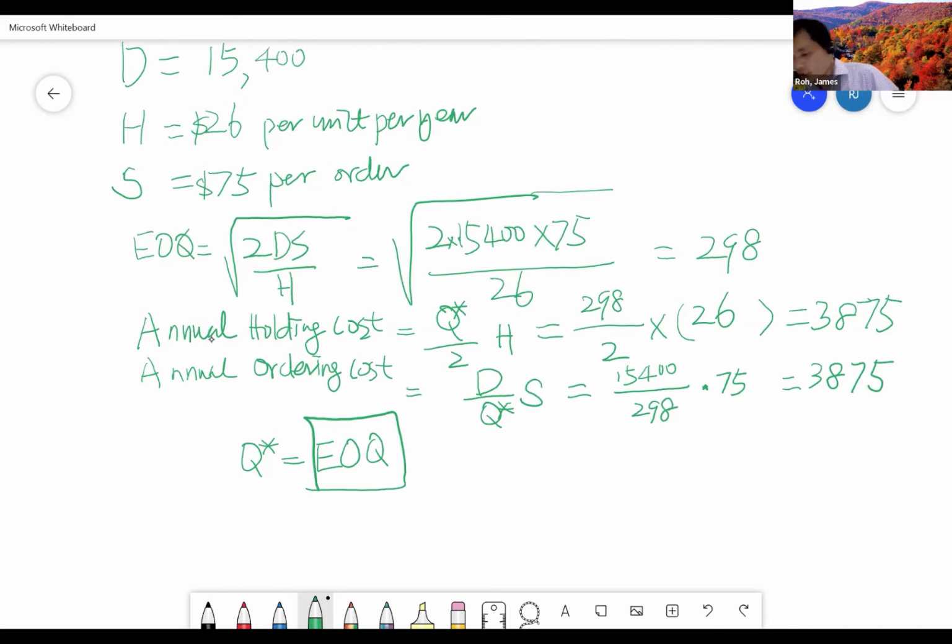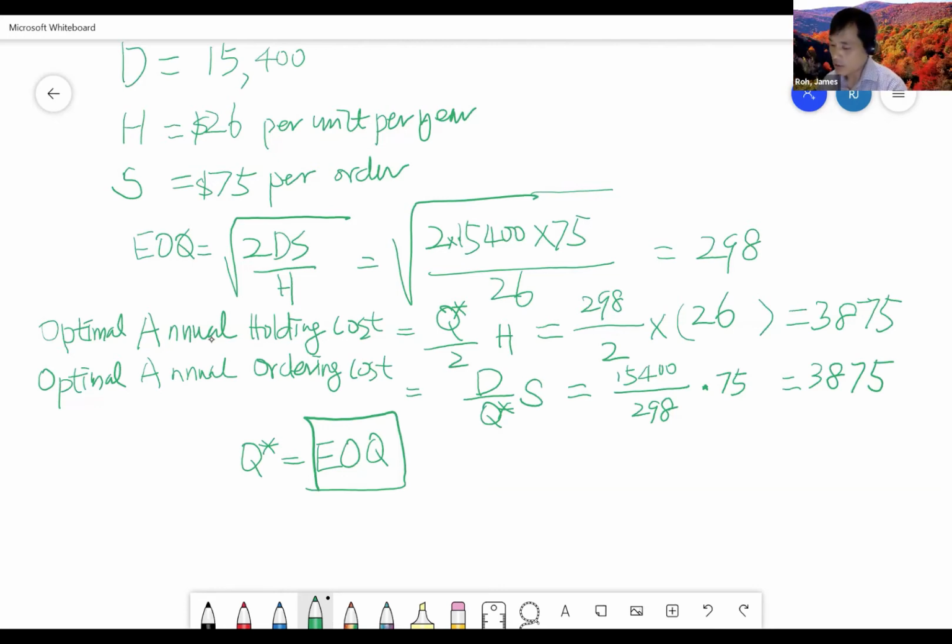Any quantity that you are putting when you are ordering your inventory. So that's Q over 2 times H. But now the optimal annual ordering cost, in that case, you replace Q with Q star because you are going to plug EOQ into that Q star. Does it make sense, Rocco? Yes, that makes sense. Thank you. Okay, good.